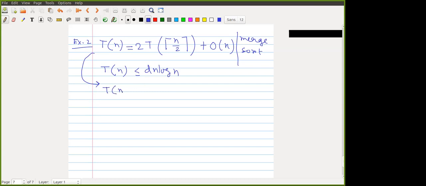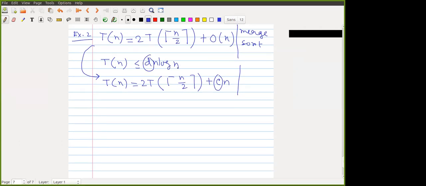So there exists a constant c, plus c n. Now we'll see at the very end how this c and d are related. This will come up in the calculation, so let's not decide it beforehand.